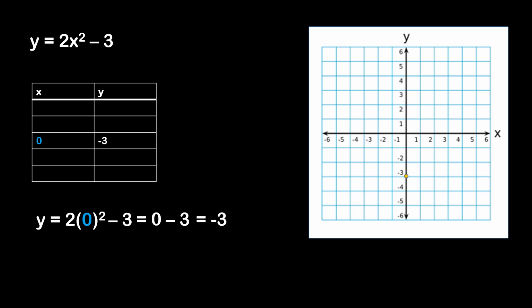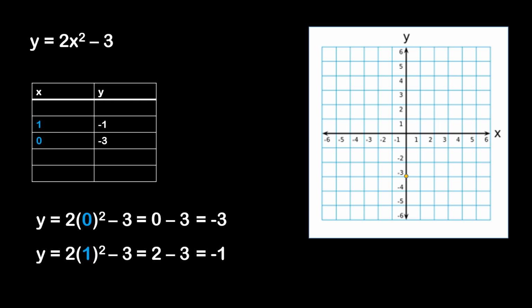We'll try x is equal to 1. Plugging that value for x into the equation, we'll have y is equal to 2 times 1 squared minus 3. 2 times 1 squared is 2 times 1, or 2. So we're left with 2 minus 3, which is negative 1. And we have that for x is equal to 1, y is equal to negative 1.